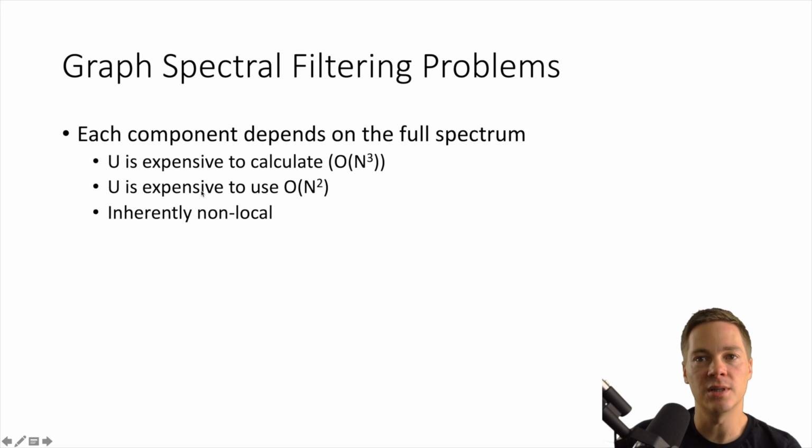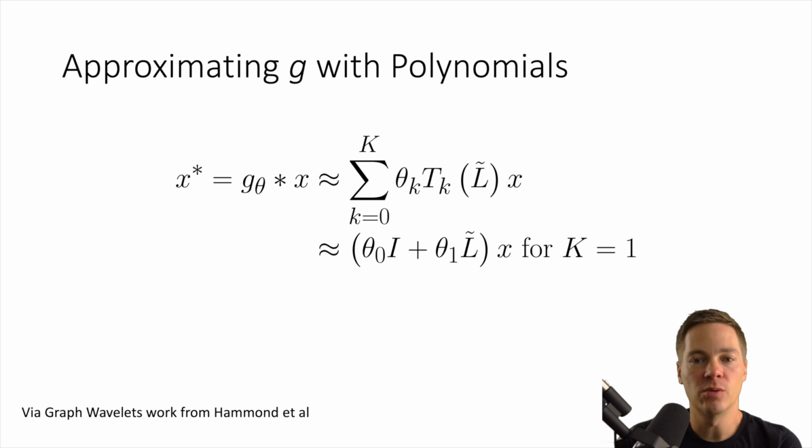But also, it's inherently non-local because each node influences every other node, and we might instead want our interactions to be localized so that one node can at most influence its neighbors or its neighbors' neighbors, but not every single node in the graph. And this brought us to the work of graph wavelets from Hammond.